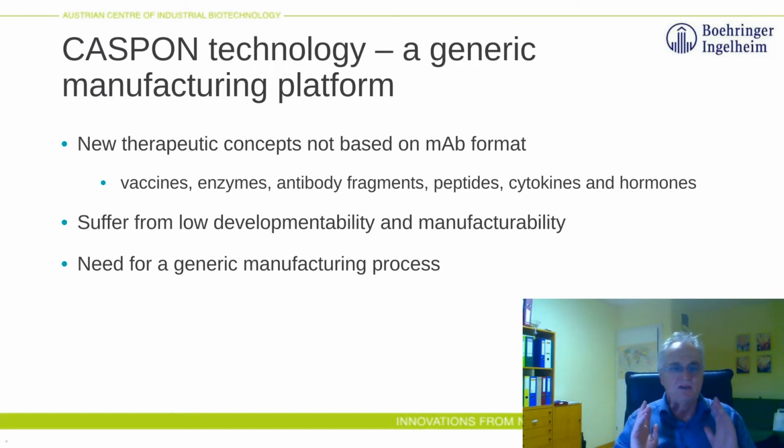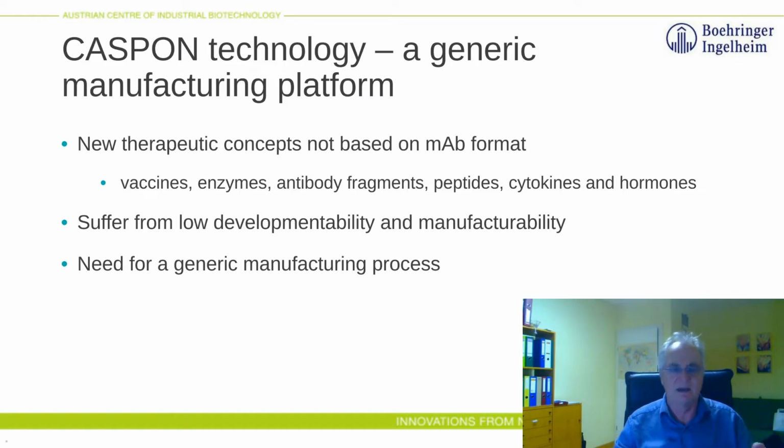A lot of therapeutic concepts are based on enzymes, antibody fragments, peptides, cytokines, hormones, and also protein-based vaccines. What they have in common with respect to bioprocess engineering is that they suffer from low developability and manufacturability, and there is a need for generic manufacturing and downstream processing.